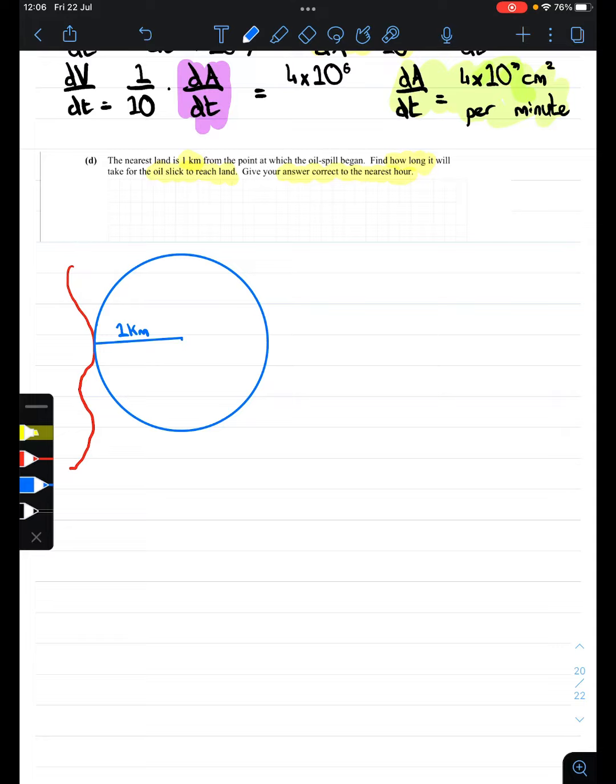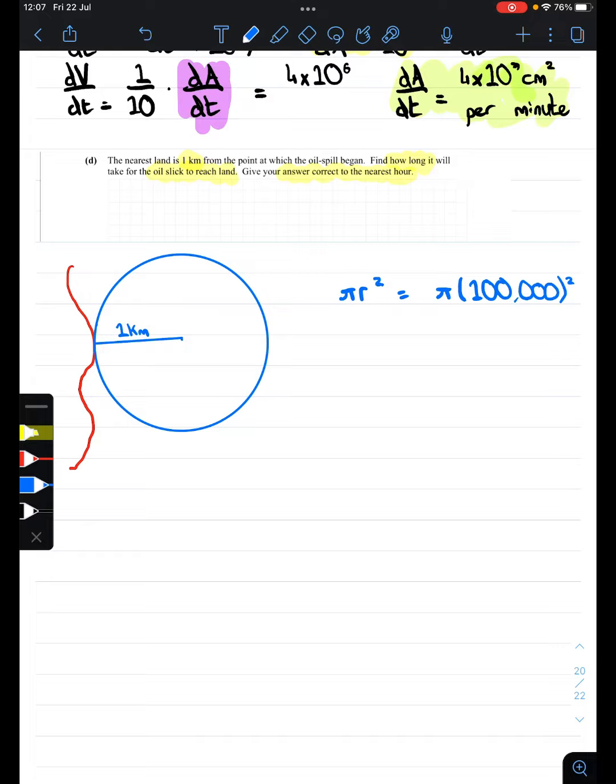So what's the area of this thing at this point? Well, the area is pi r squared, and it's 1 kilometer, so that's 1,000 meters, which is 100,000 centimeters. So the area is pi by 100,000 squared.